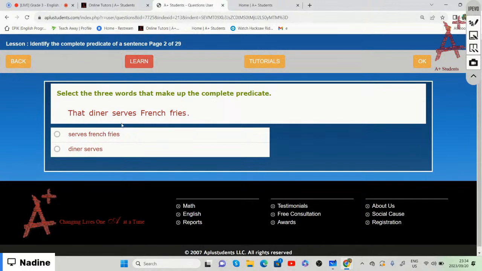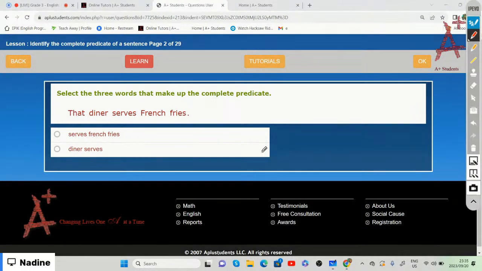And the predicate then is serves French fries. So basically, serves is the verb, but they said every other word that gives us information about the subject. So, serves French fries is our predicate.